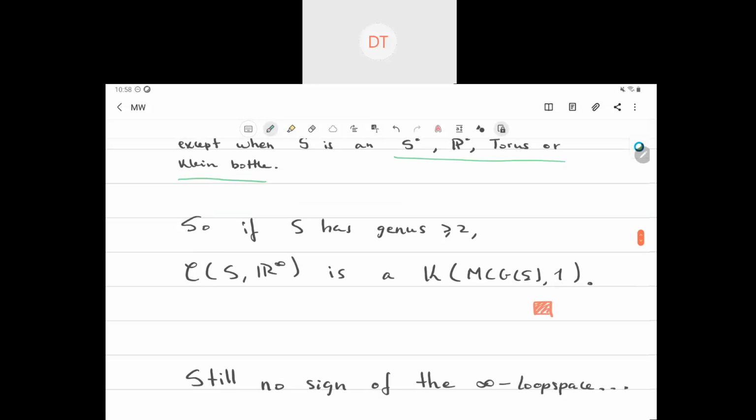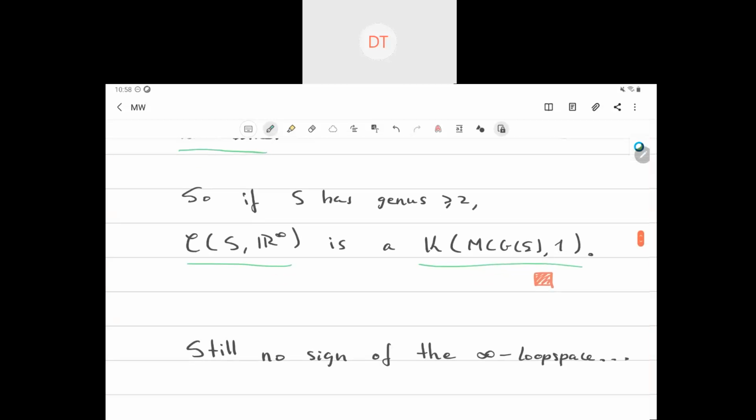So if S has genus greater or equal to 2, then we have shown that configurations of S in R infinity is an Eilenberg-MacLane space for the mapping class group of S. Okay, so we showed this. The first step was to get this Eilenberg-MacLane space. But I claimed that I was looking for this infinite loop space, and so far there is still no sign of the infinite loop space. We have to keep going.